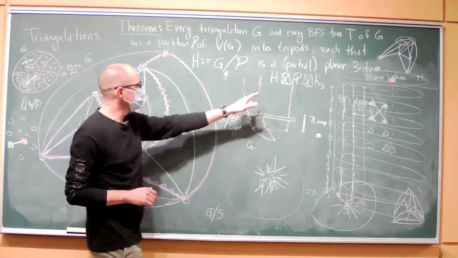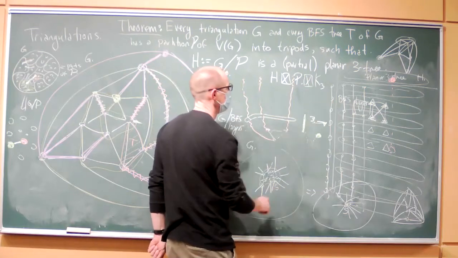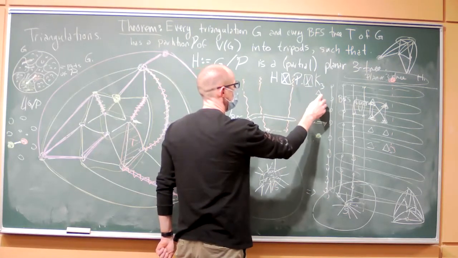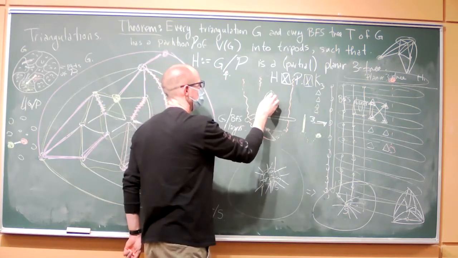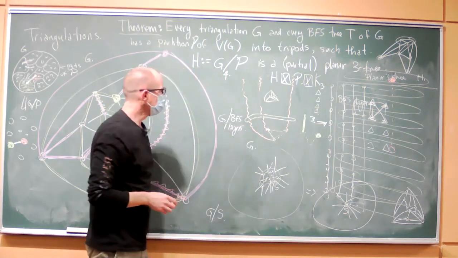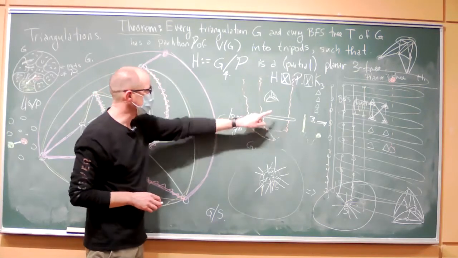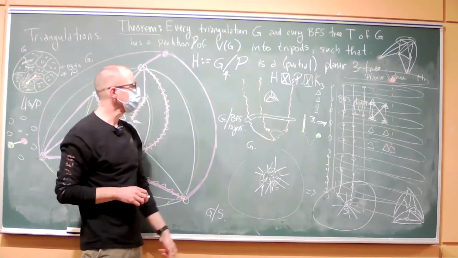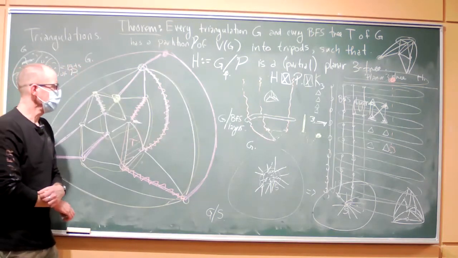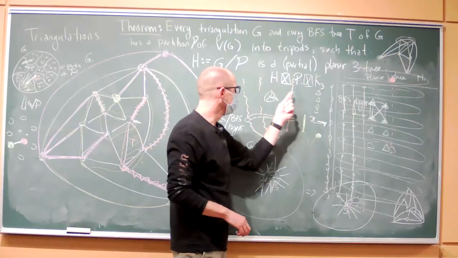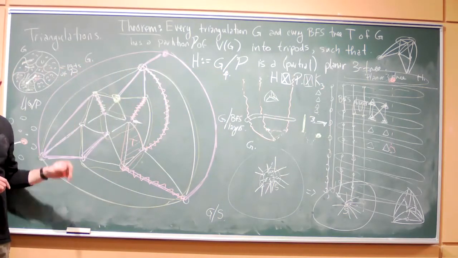On the other hand, these 3 objects are simple. Path is very simple. There's a picture of it there. K3, that's just a triangle. And H is one of those planar 3 trees that I was just discussing. They're fairly simple, much simpler than these planar graphs. In particular, they have those small separators of size 3. So it turns out that breaking up your planar graph this way is a key step in solving many problems.